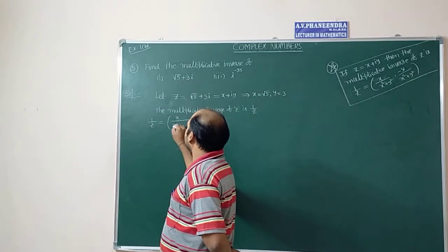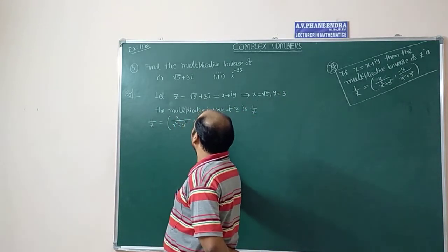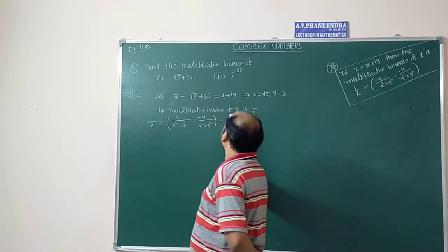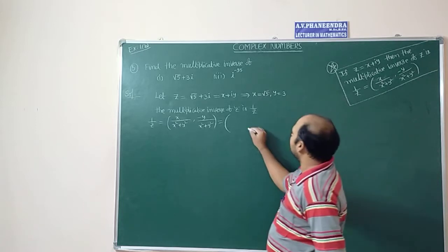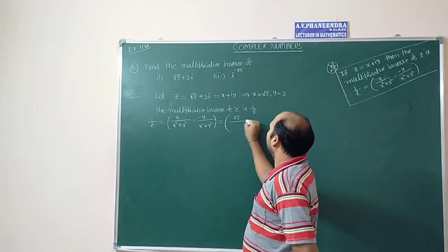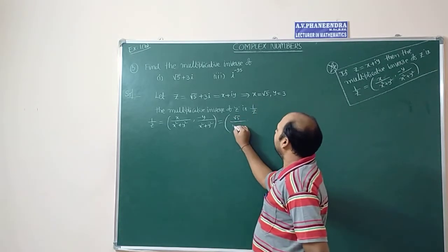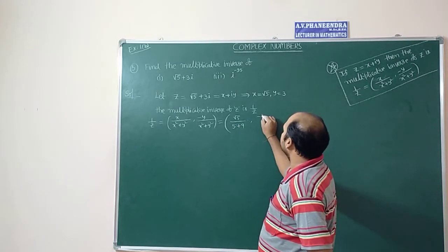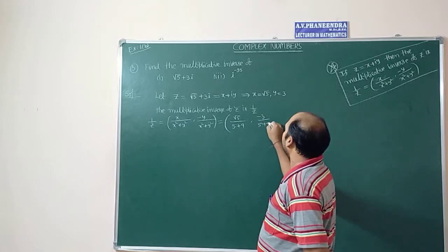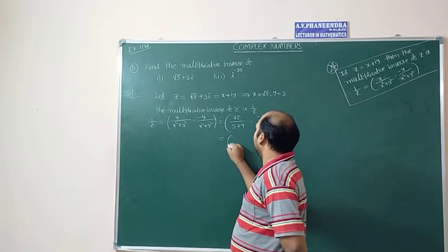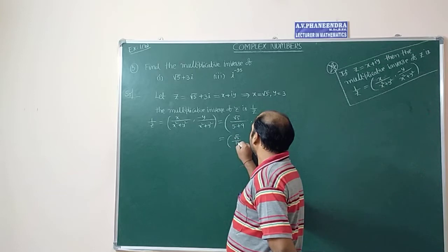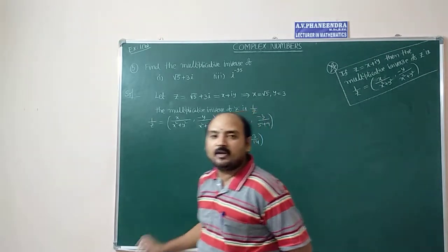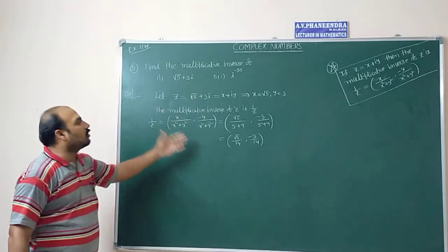So x by x square plus y square comma minus y by x square plus y square. x means what? Root 5 divided by x square, 5 plus 9 y square. So minus 5, minus 3 divided by 5 plus 9, which is equal to root 5 by 14 minus 3 by 14. This is the multiplicative inverse of the given complex number.